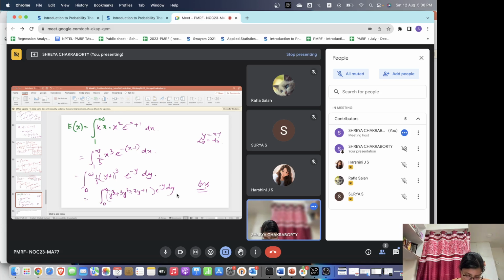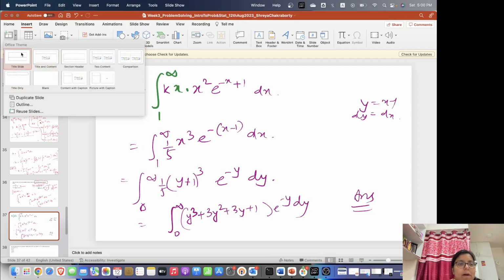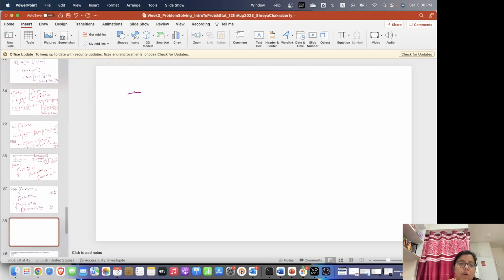Yeah, so mostly what I learned is the Eilert rule. Yes. Eilert rule is inverse. So for integration by parts, we have to follow the Eilert rule.